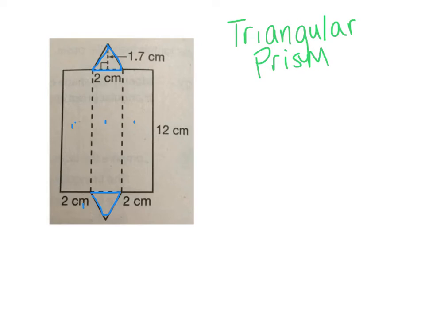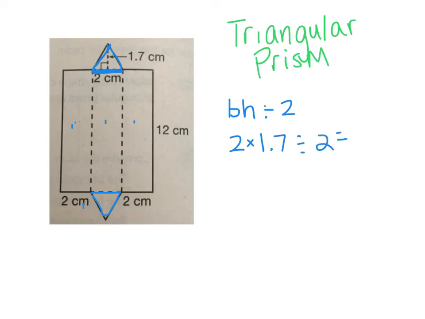All right, I'm going to start with the triangles. So if you look up here at this triangle, remember for triangles to find the area, we have to do base times height divided by 2. So this triangle is 2 centimeters times 1.7, and then we'll divide that by 2.